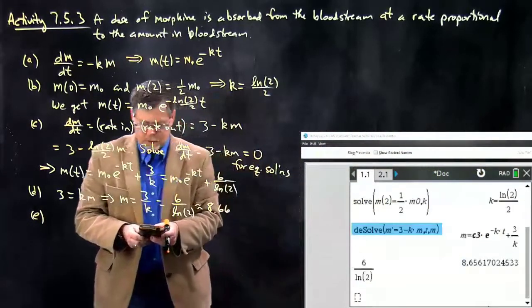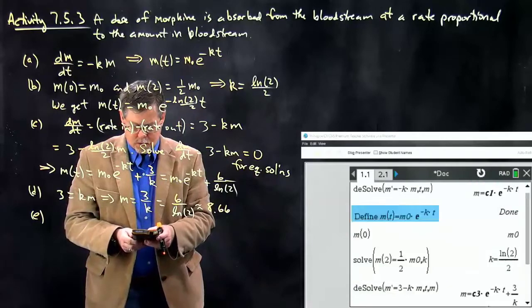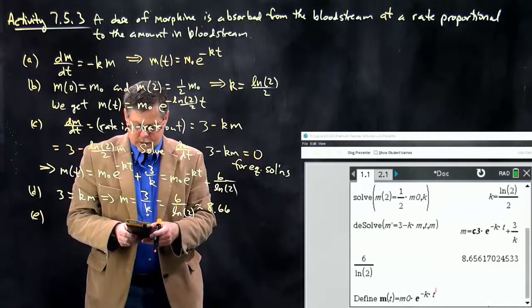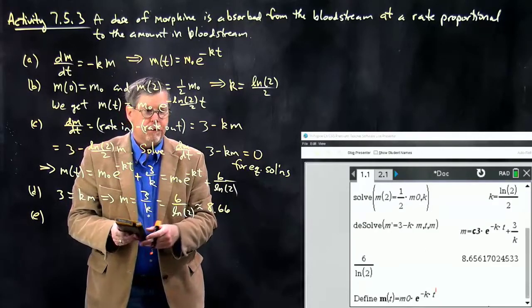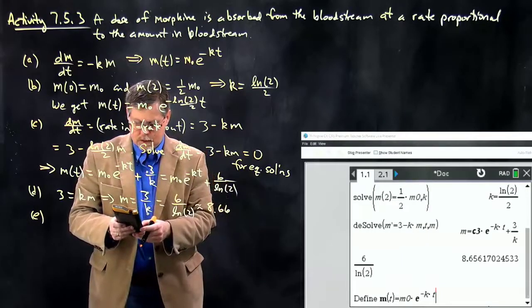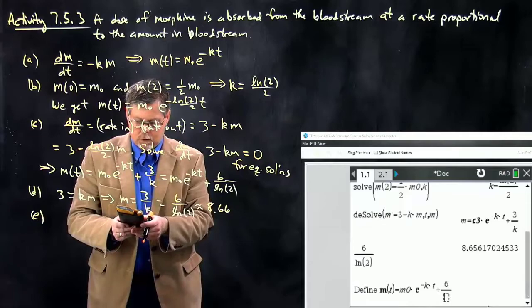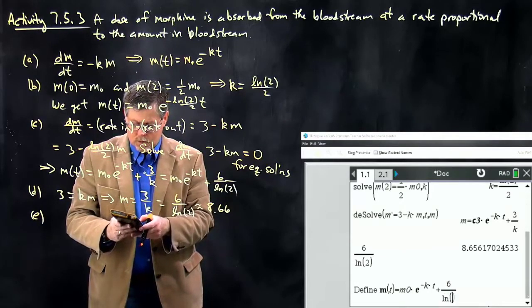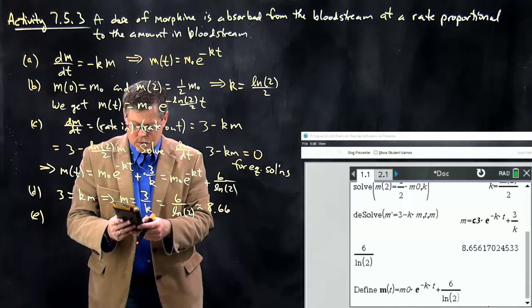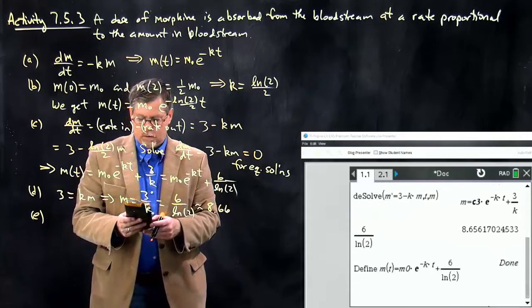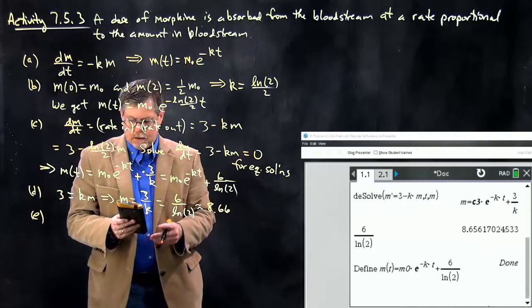I'm going to redefine my function M to take into account this other piece that I've got right here. So I'm going to do plus 6 over log 2.